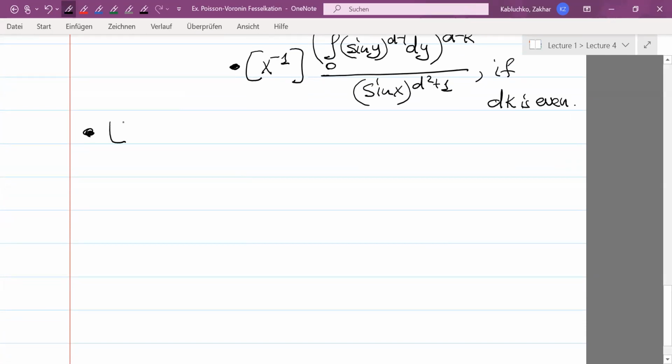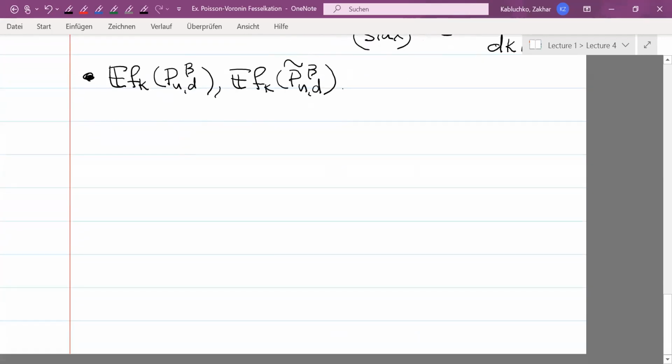Moreover, it is possible to obtain explicit formulas for the expected face numbers of the beta polytopes. I will just explain the reason why the beta distributions are nice so that one can obtain explicit formulas here, because for other distributions, it's probably not possible.